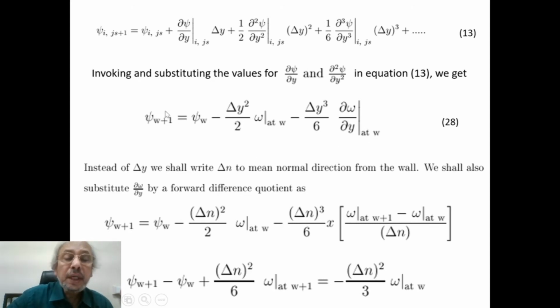So we now generalize this equation 28 by this consideration that we convert delta y into delta n, because if the solid surface is horizontal, delta y is the near wall point in the normal direction.